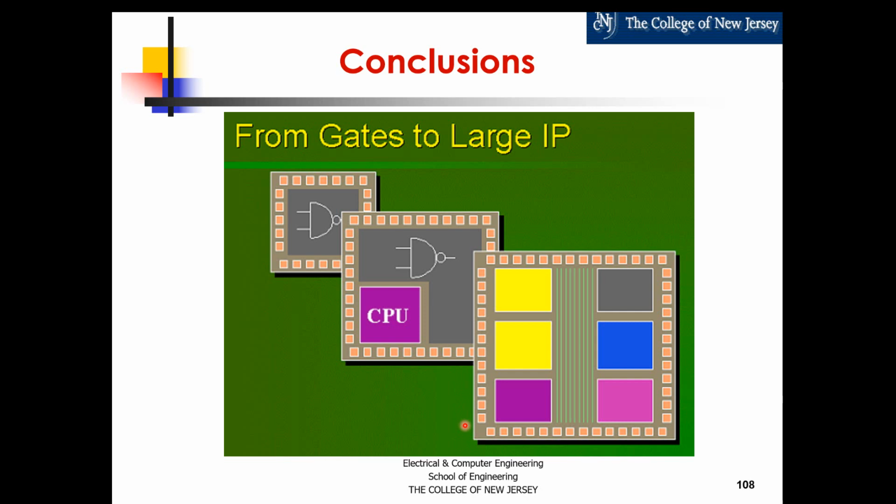And furthermore, how to partition the system between data path and controller, how to do those as you specify beforehand, and then connecting them together to do an overall system. Okay.